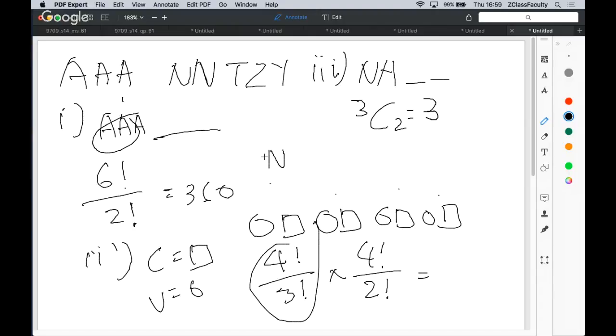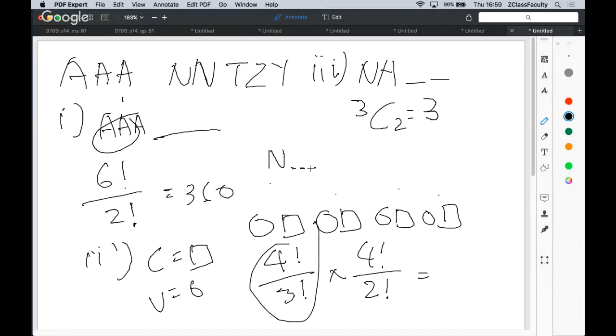Because there are 3 A's. So it's possible that you can get 1 A or 2 A's or none of the A's. So you have to think about them independently. If you don't think about them independently, then you cannot use the choose formula anymore, because it is only for different letters.